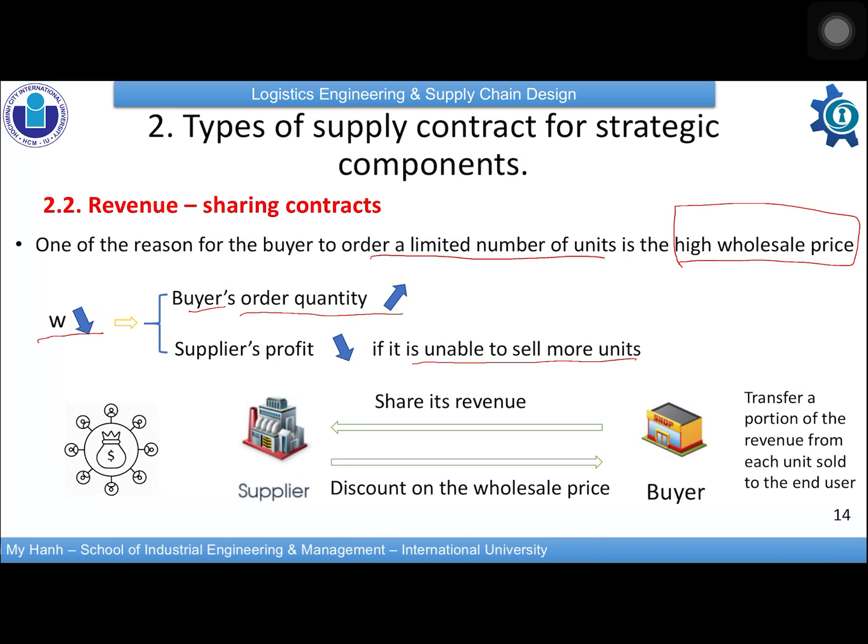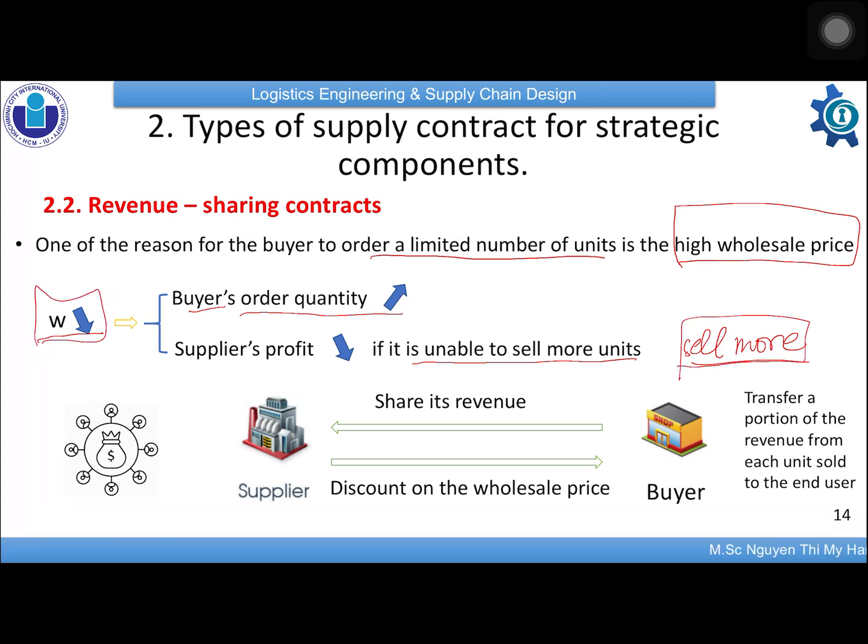But if they decrease the wholesale price and can sell more, then the supplier profit might increase, right? So when the wholesale price decreases, the buyer will buy more. Okay, the buyer will buy more, but since they decrease the price, the supplier might decrease their profit.